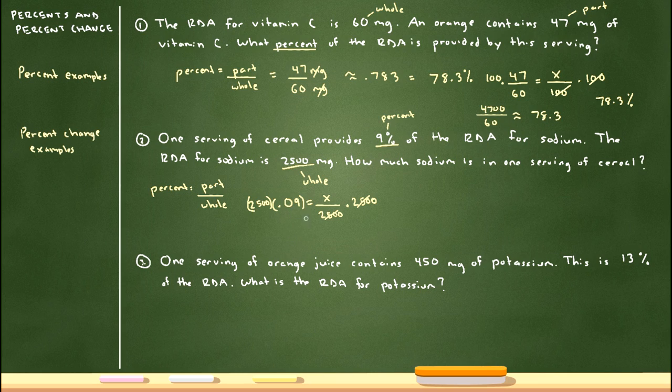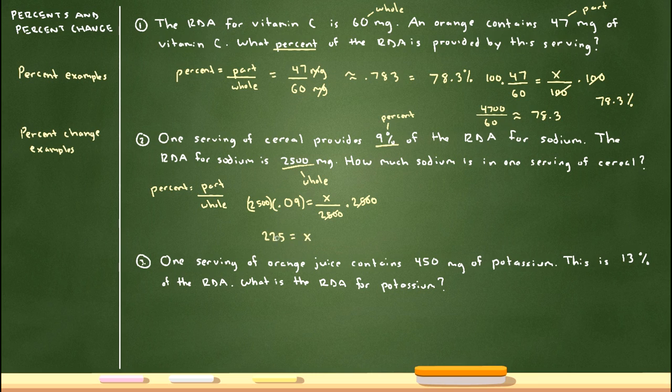So we get 2,500 times 0.09. And you could go ahead and plug this into the calculator. It looks like we should get 225. So 225 is equal to X.